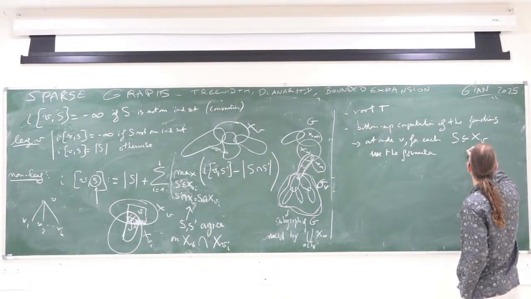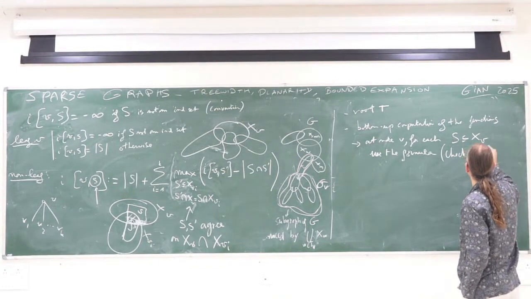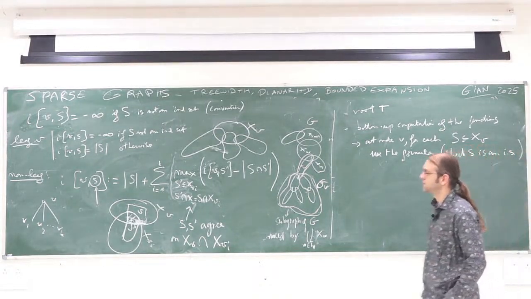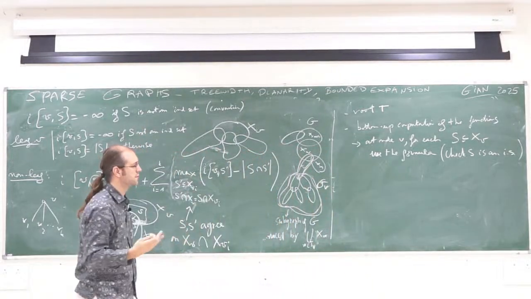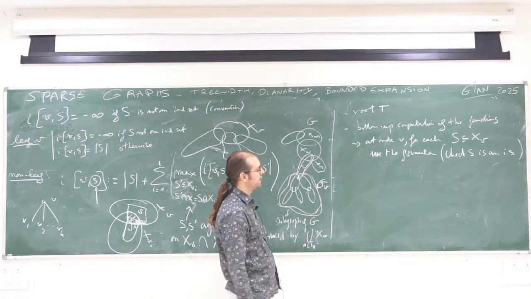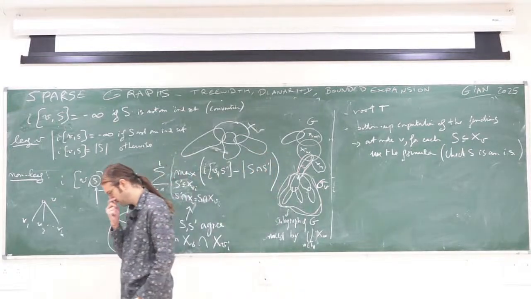Well, in fact, you have to check whether S is an independent set or not, because if it's not an independent set, it's completely useless. You set it to minus infinity, but you still have to check this, right? And in the end, as I said, at the root, you just take the maximum over all these functions.